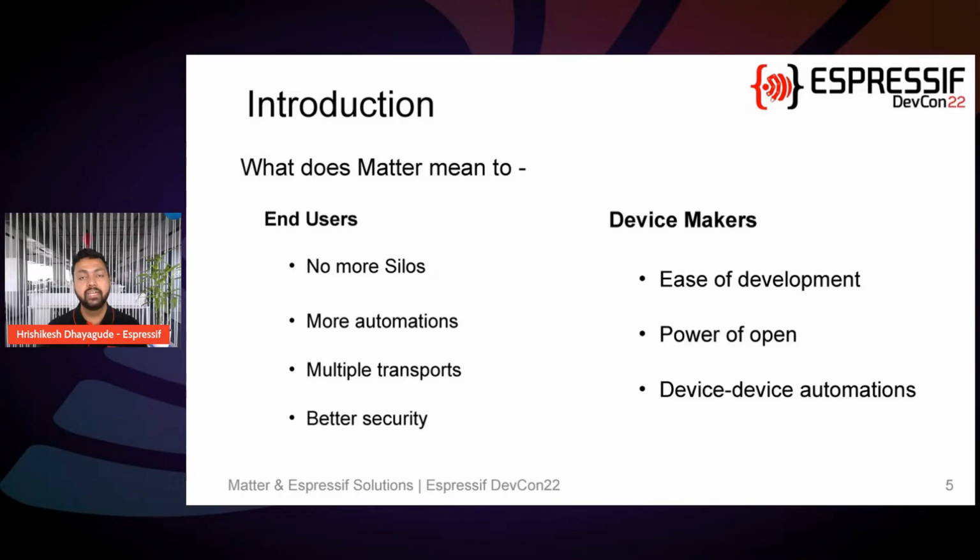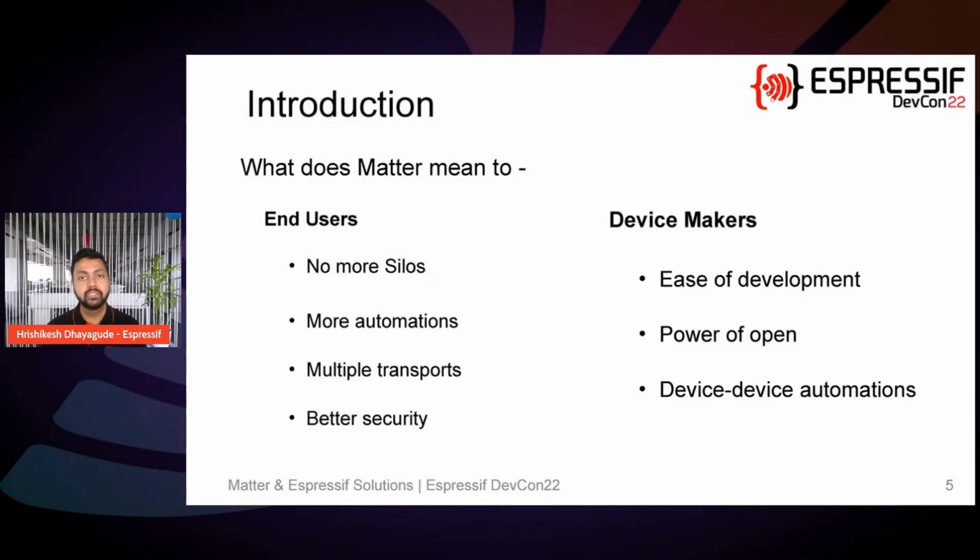This will lead to reduced overhead of engineering effort, cost, and time, thus leading to faster products. Power of the open. The Matter implementation is open source. It supports a variety of vendors. It means you can prototype, validate, and productize your devices in the shortest possible time.